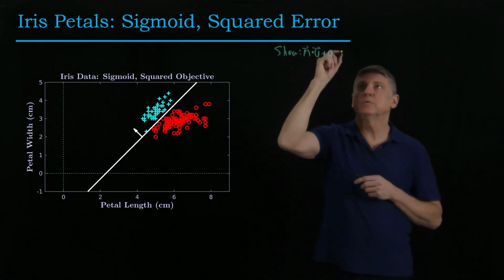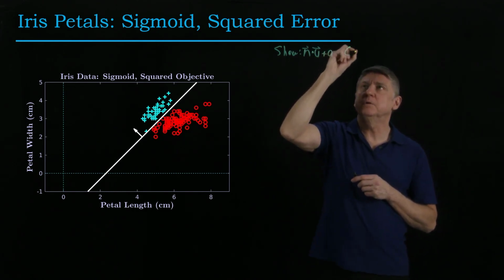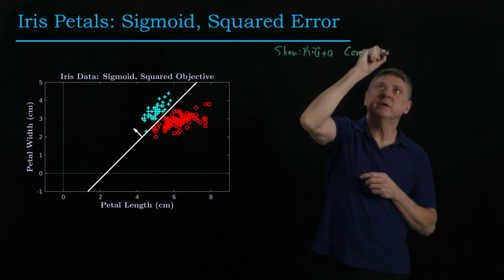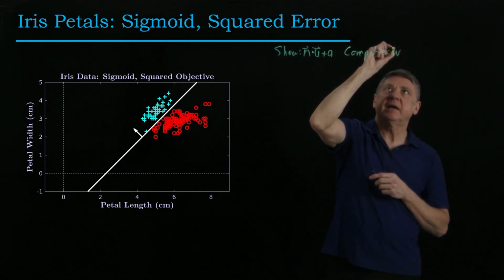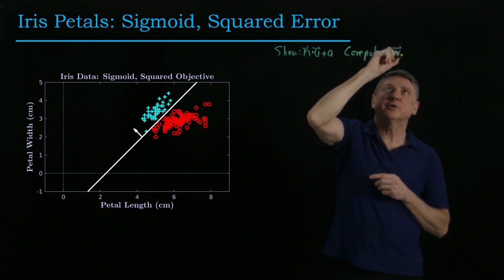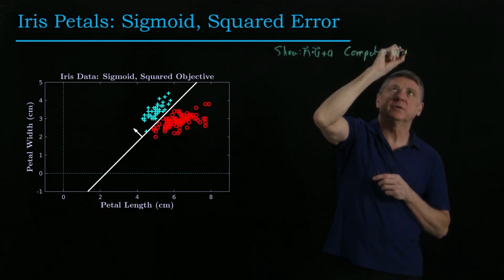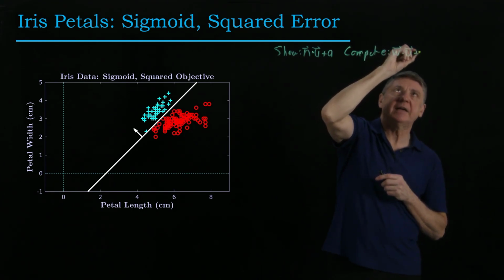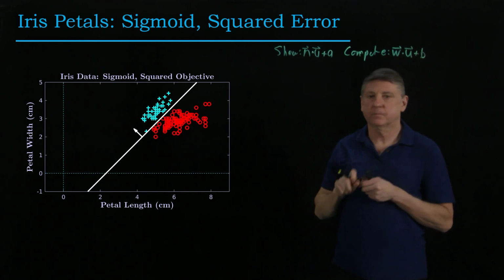And let's observe what it's computing. What it's computing is actually a weight vector W, the dot product with the data vector that we're scoring, and a general bias term.